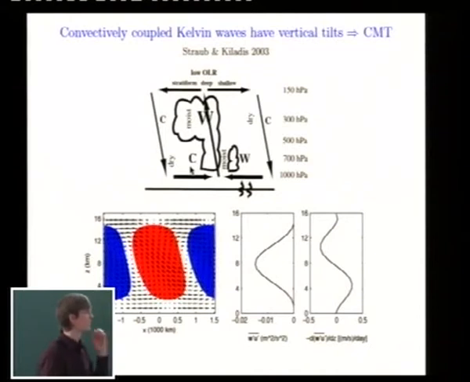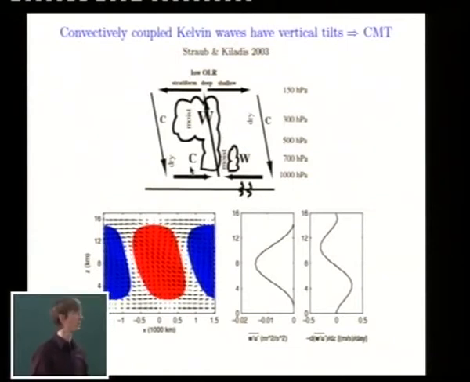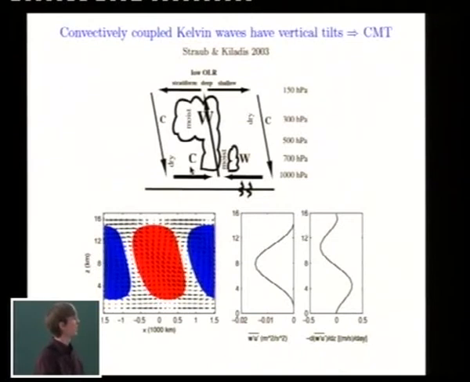Okay. This is a cartoon that hints at why there should be momentum transport due to synoptic scale structures. This is a cartoon of a convectively coupled Kelvin wave. When people draw these cartoons, they have a tilted updraft. Right away that tells you that there should be momentum transport due to synoptic scale circulations.